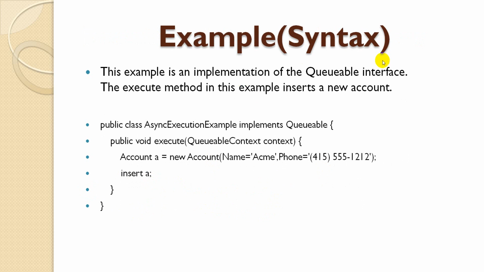An example or syntax for our Queueable interface: first, our class is public, or if it's outside, then it should be global. Then we have the name of our Queueable class, and then implements is a must keyword to use, followed by the Queueable interface name.